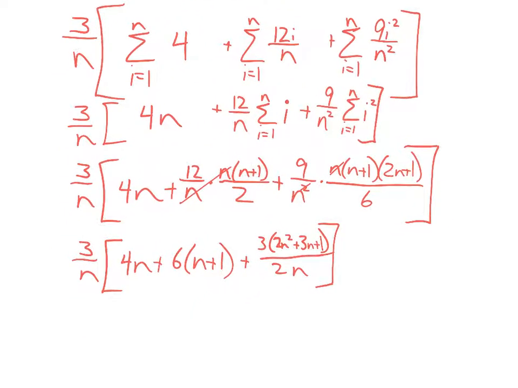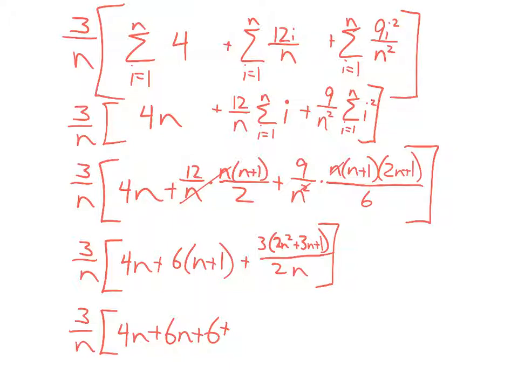Alright? So I'm going to keep going. There's more we can simplify. 3 over n times 4n plus 6n plus 6 plus. Now, this I'm going to split into 3 separate fractions. Okay?